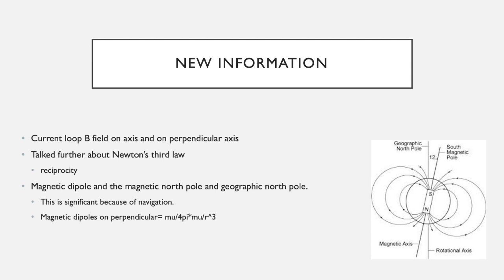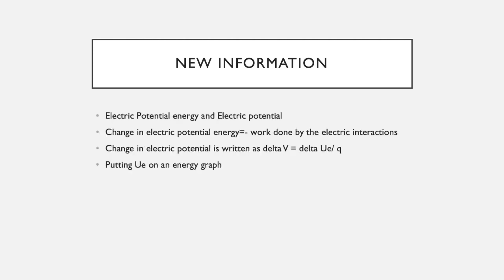Magnetic dipoles on the perpendicular were also discussed with the formula mu naught over 4 pi times mu over r cubed. Other new information learned from reading week 6 included electric potential energy and electric potential.